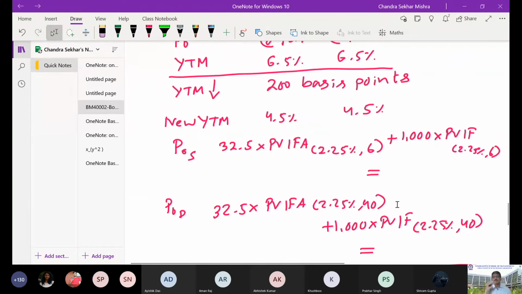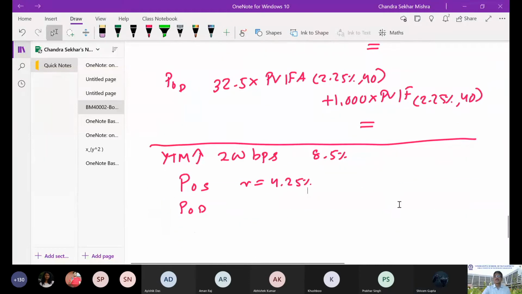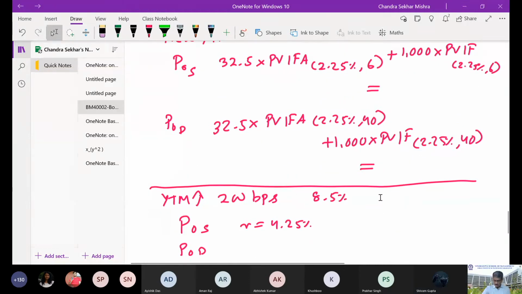First case, second case? When the YTM goes up or YTM comes down? So for 8.5% YTM, you are getting how much? 948.00. Okay, right.